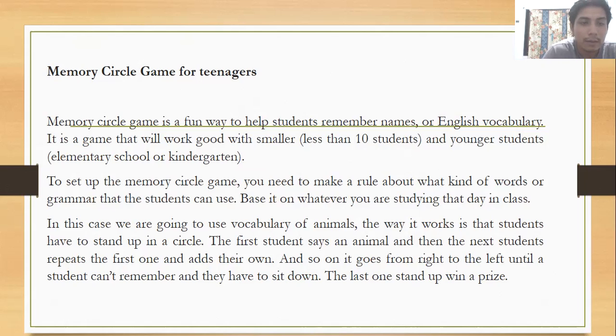Well, to set up the memory circle game, we need to make a rule about what kind of words or grammar the students can use, based, of course, on the topic that they are reviewing in that day of class.